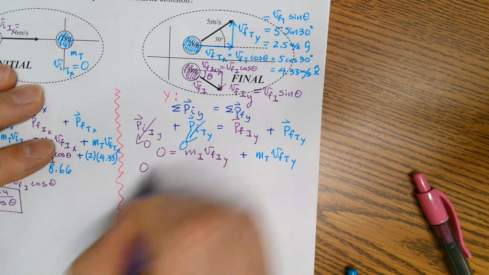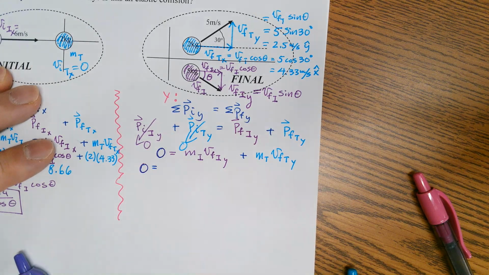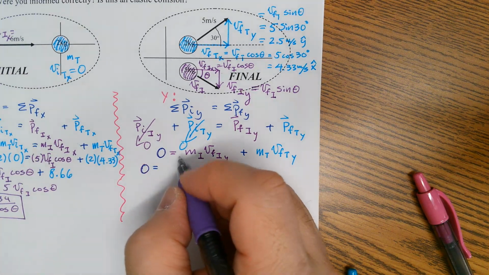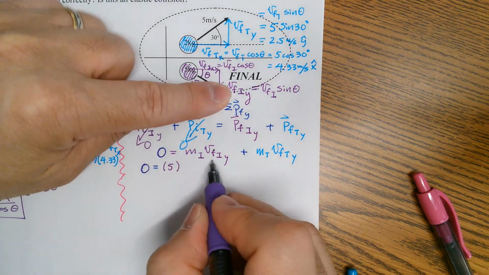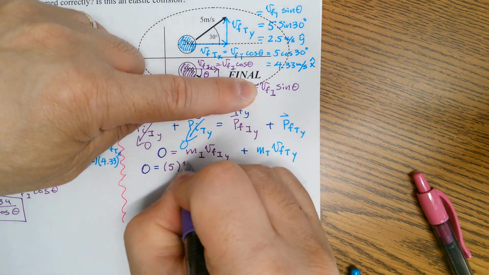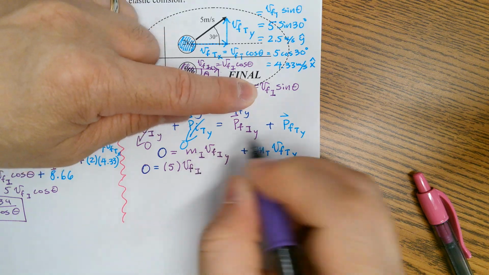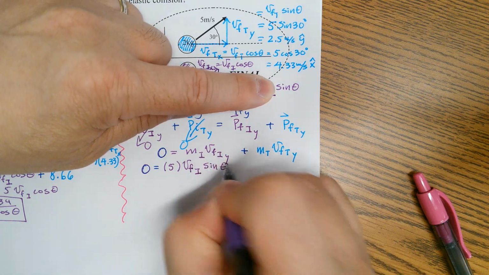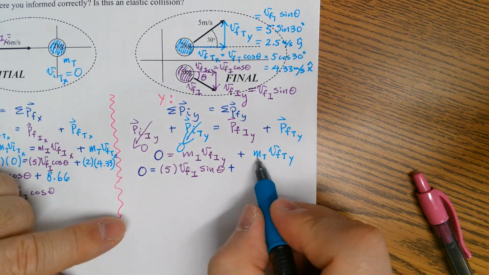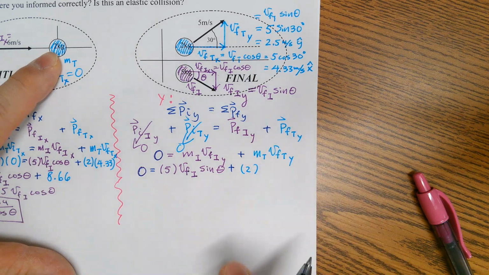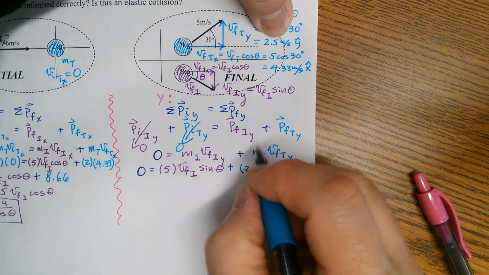So 0 is equal to mass incident, which is 5, times VFIY, which is VFI times sine of theta, plus the mass target, which is 2 kilograms, times VFTY, which is 2.5.